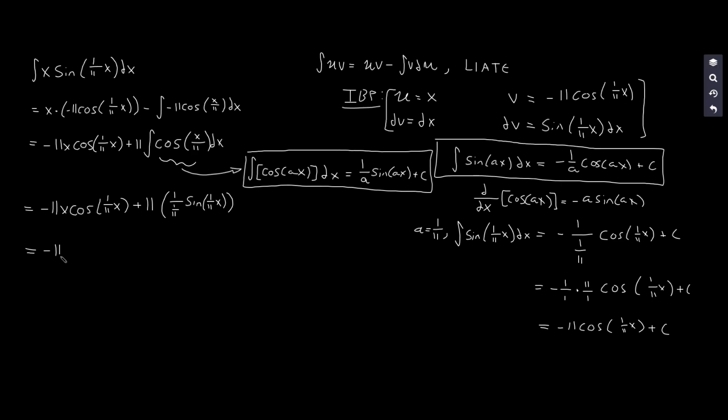That equals negative 11 times x times cosine of 1 over 11 times x plus, well, if we just reciprocate, we're going to have 11. So it's going to be plus 11 times, right here, this is going to be 11 if we reciprocate, 11 times sine of 1 over 11 times x.